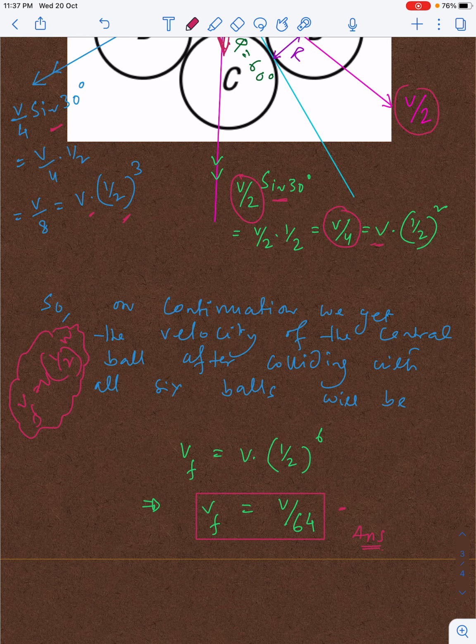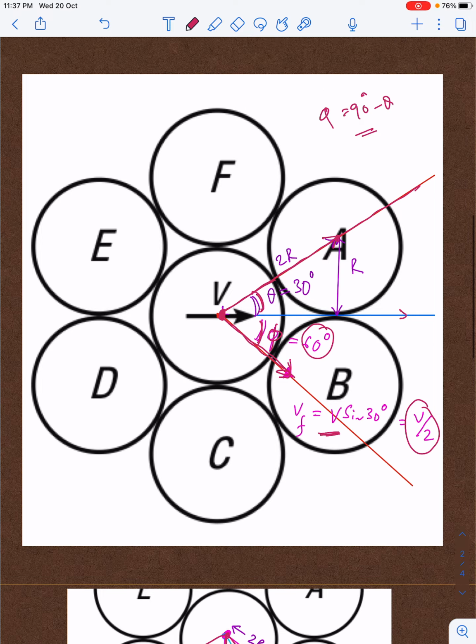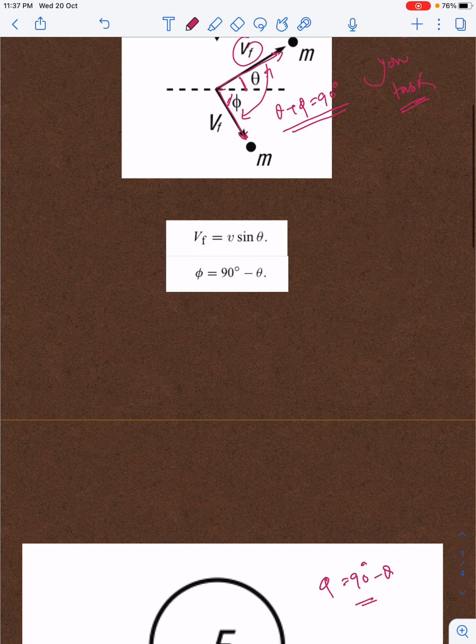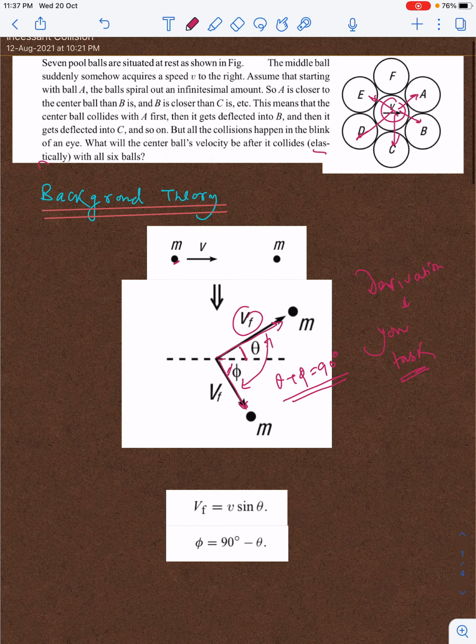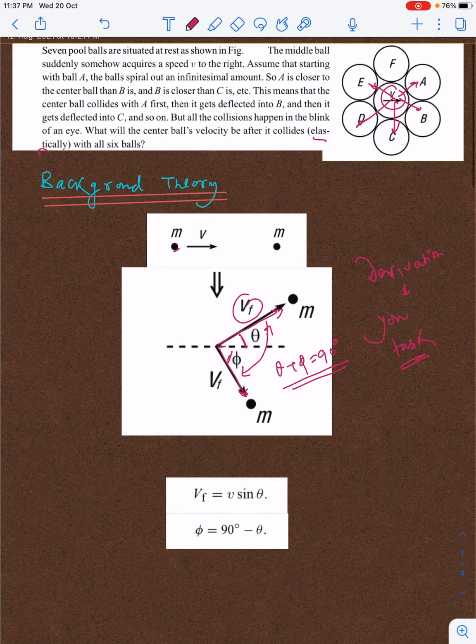So the answer becomes V by 64. I hope that you have enjoyed this logic, and see a very simple thing that we study while developing the theory of center of mass and momentum collision, but in what a great way the simple concept can be applied in such tricky questions, right?